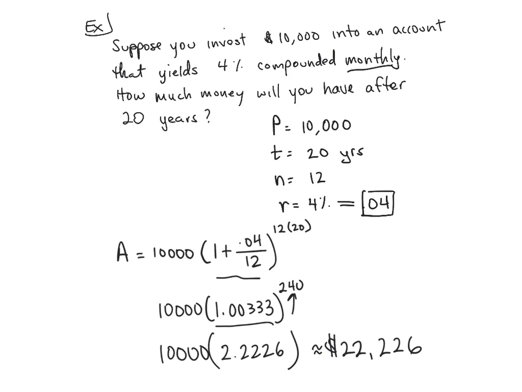What's going to make the biggest impact on money growth is either you leave it in there for a longer period of time, so the amount of time, or you simply have a higher interest rate. So what you will see as examples in your textbook is where you may compare the growth between different compounding.